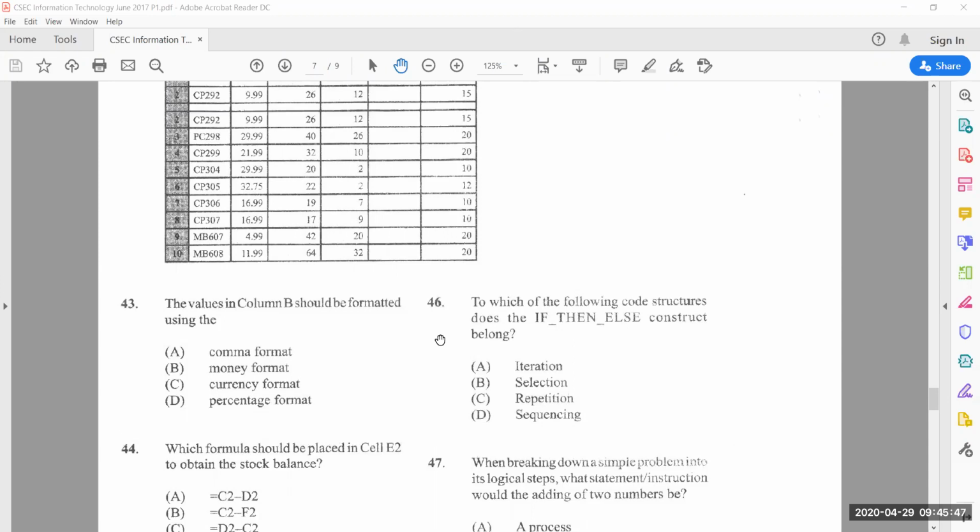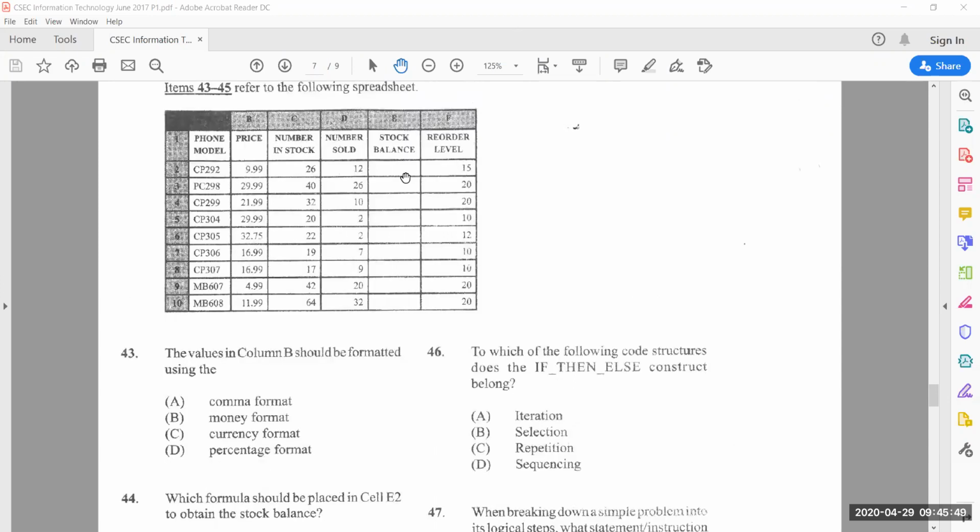Okay, so remember the stock balance. In order to calculate that, you need to subtract the amount sold from the amount you had in stock. So for example, for this phone model, the 292, the stock balance will be the amount in stock, which is 26 minus the amount sold, right?